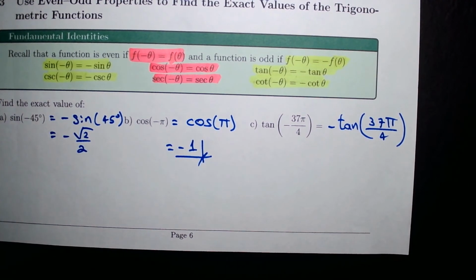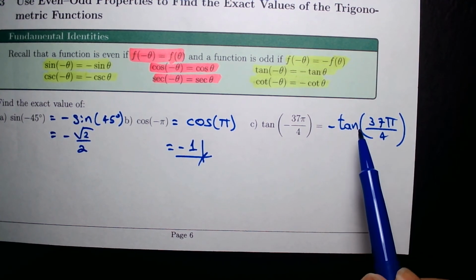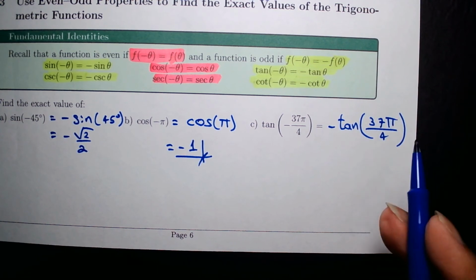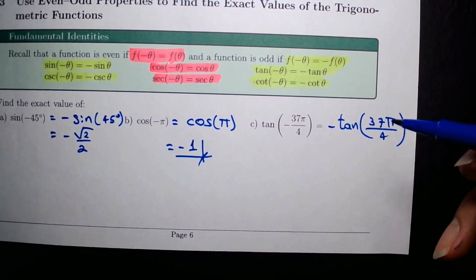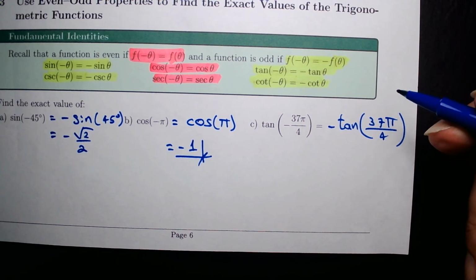In this case, we need to figure out what 37 pi over 4 is. If we do the subtraction by pi all the time, that's going to take forever, 37 and 36 and so on.